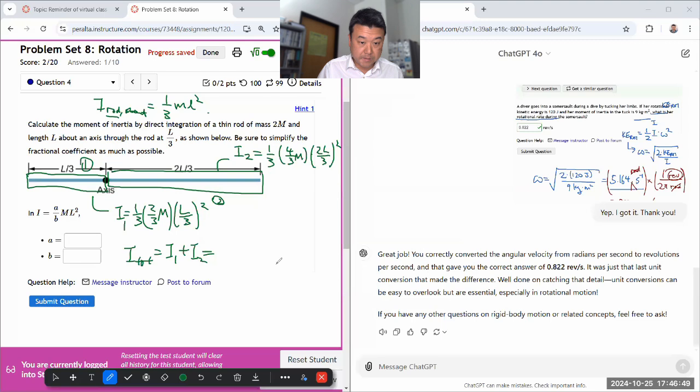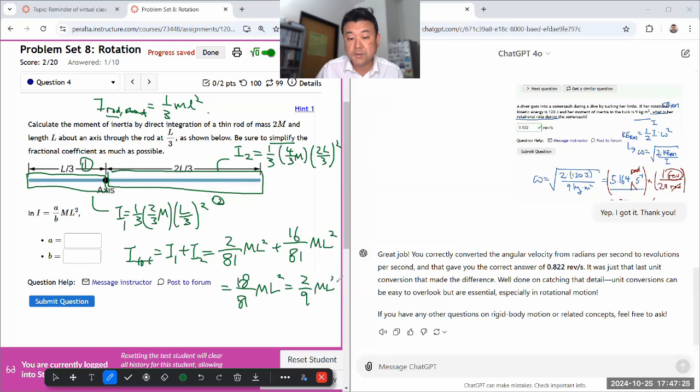So let me just do the math quickly. On the denominator, it's 3 times 3 times 9, so 81. Numerator is 2 ml squared, that's this term, plus here, same denominator, 9 times 9, yeah, 81. Numerator now is 4 times 4, 16 ml squared. So the whole thing should be 18 over 81 ml squared, and I think I'm supposed to simplify. They both have a common factor of 9, so it should be 2 over 9 ml squared.